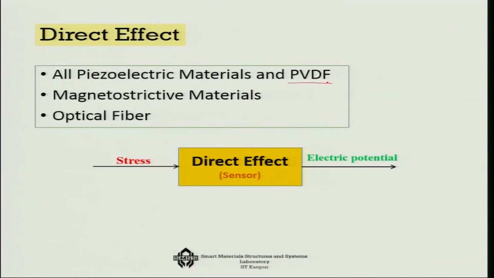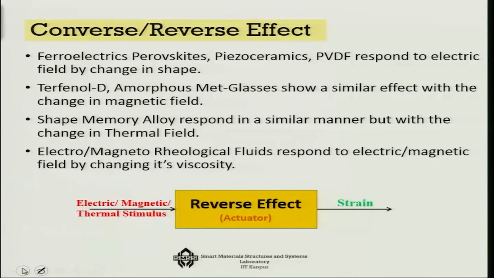It is also available in magnetostrictive materials and in optical fibers. Remember that the direct effect means you apply stress and find a change in electric potential or in magnetization.